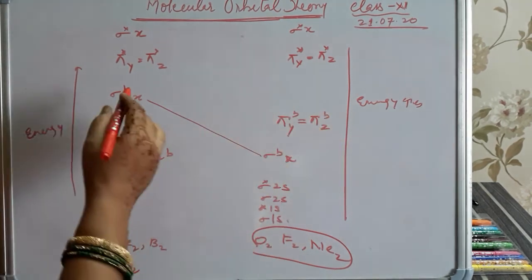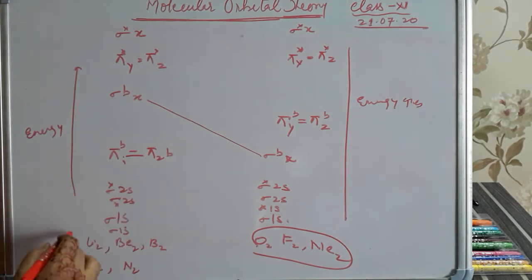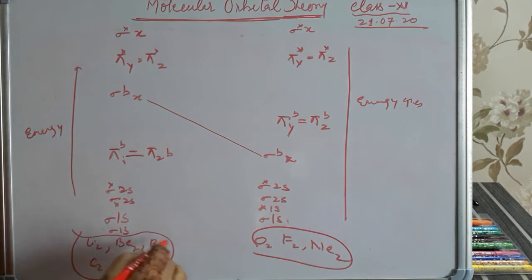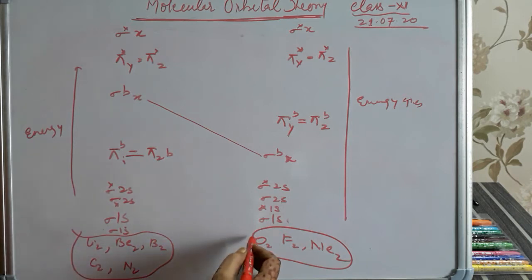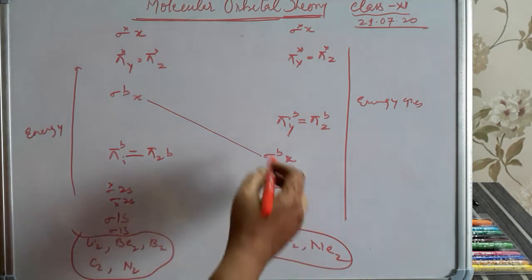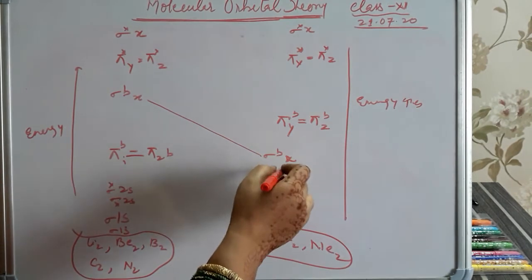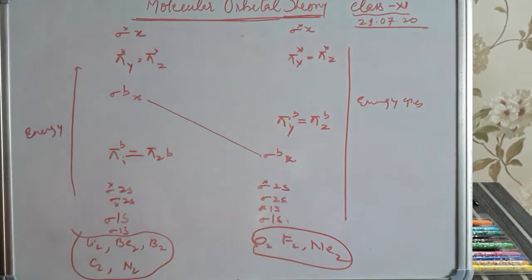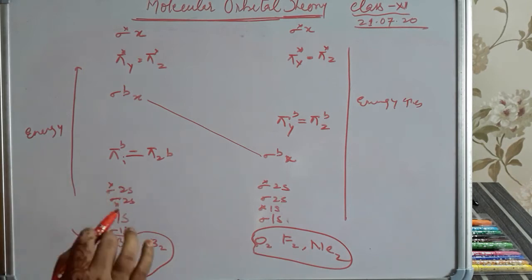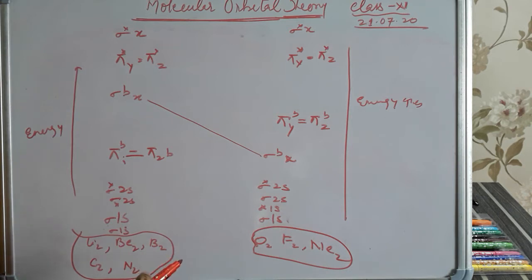This is the difference while filling the electrons of molecules of lithium, beryllium, boron, carbon and nitrogen. But in the case of oxygen, fluorine, neon, sigma bonding x is filled first, then we fill the pi bonding molecular orbitals. This is the only difference during the filling of electrons in the orbitals of oxygen, fluorine, neon, so be careful.